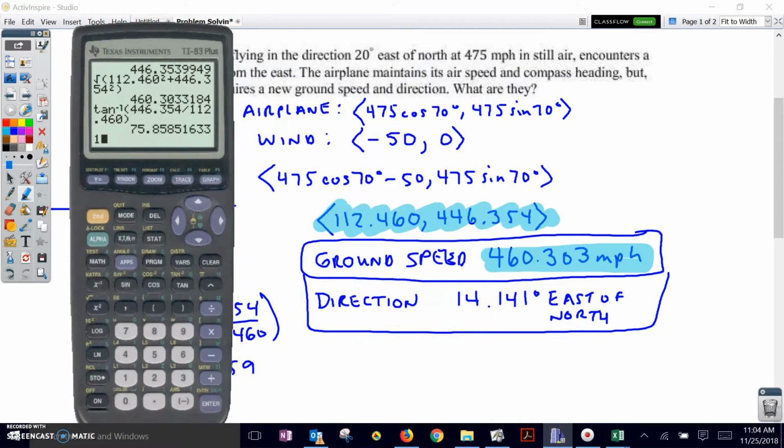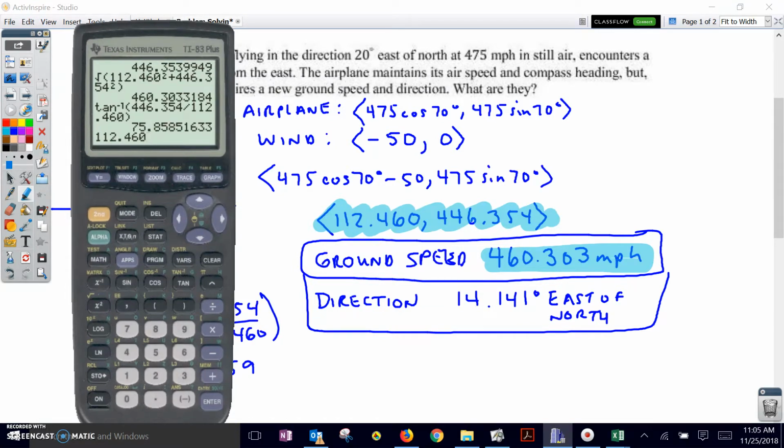So I could take 112.460 divided by 460.303, and 446.354 over 460.303.